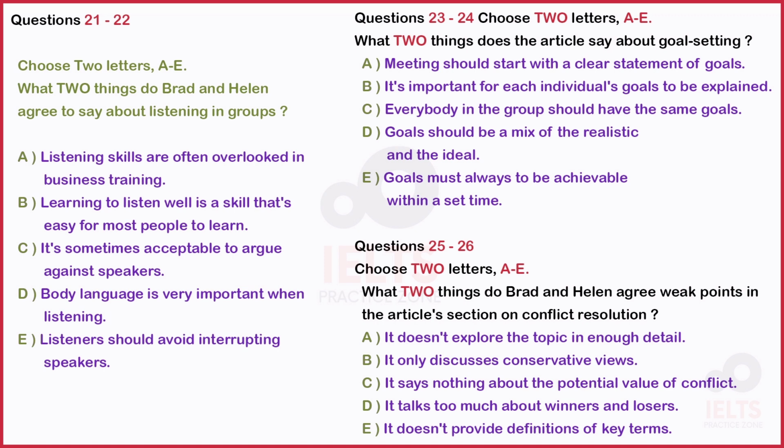Right, and also I think it could have said more about conflict sometimes being healthy in groups. Absolutely. It just mentioned rather glibly about how we should avoid thinking of winners and losers, and that quick resolution of conflict is always desirable. Without explaining what these terms mean? Well, it gives quite detailed definitions, but doesn't develop a proper argument.